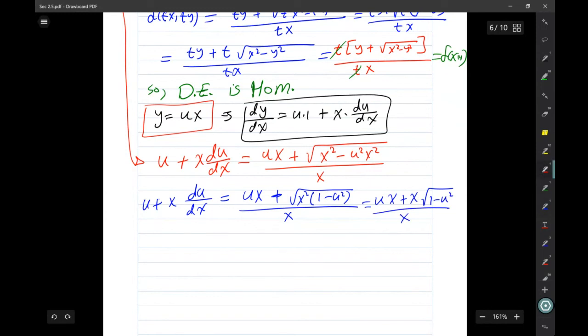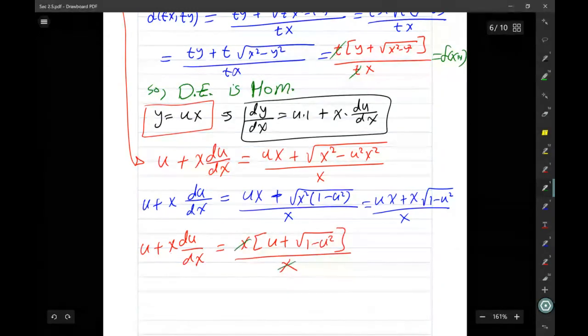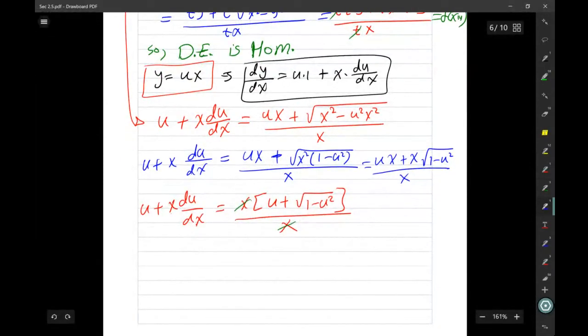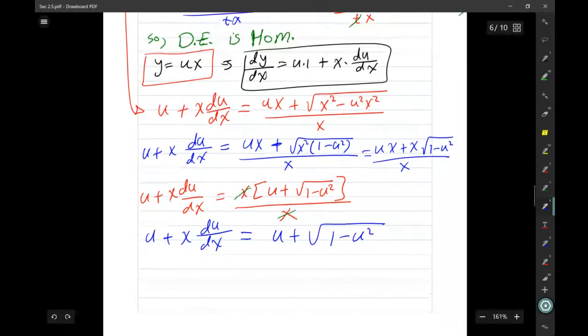Take x as a common factor from the numerator: u plus x du by dx is equal to x times u plus square root of 1 minus u square, divided by x. Now this x will cancel this x, so it becomes u plus x du by dx equals u plus square root of 1 minus u square.